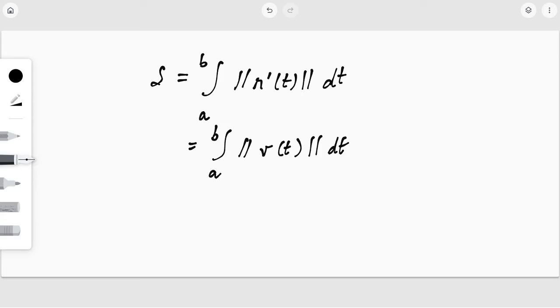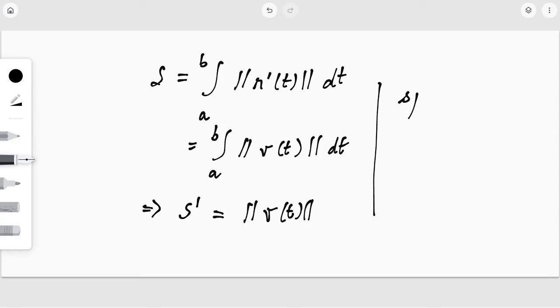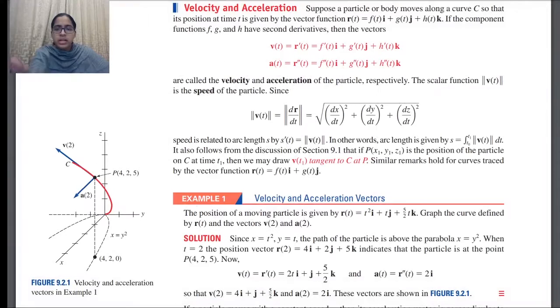So if we differentiate s, what do we get? S dash will be none other than the magnitude of v of t. And so we can state that the speed, which is the magnitude of v of t, is none other than the derivative of the arc length. So that is the relation between arc length and the given vector function's speed.